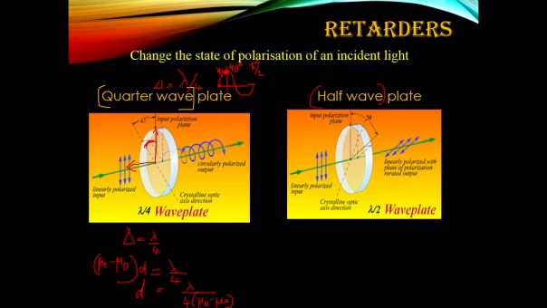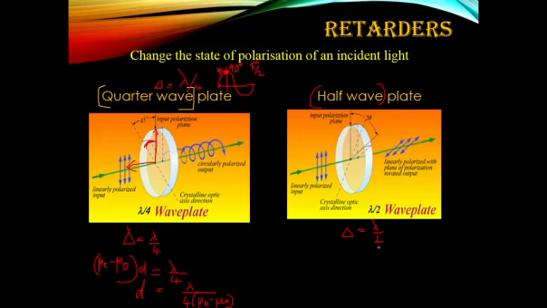The optic axis is parallel to the incident surface, so that a plane polarized light incident at an angle theta with the optic axis will split along the E and O rays, and once it travels through the thickness of the material, it would have a path difference of half a wave, that is lambda by 2.